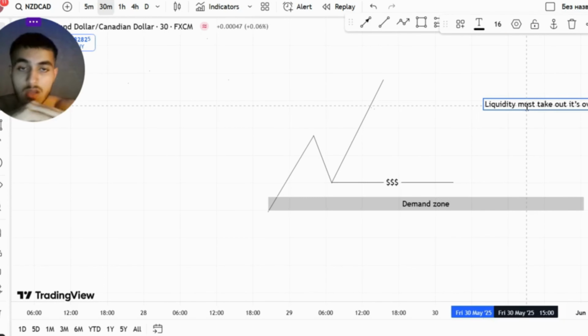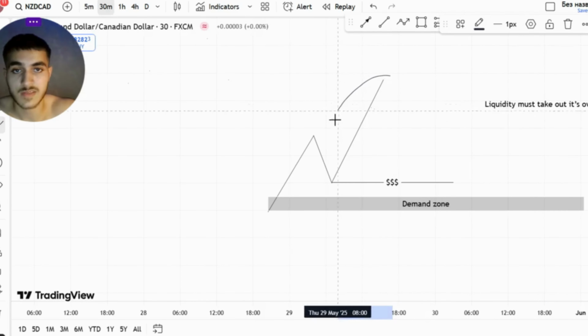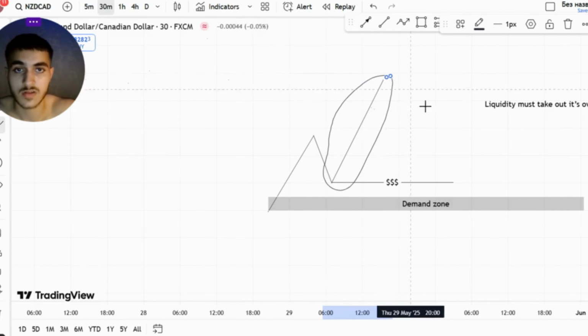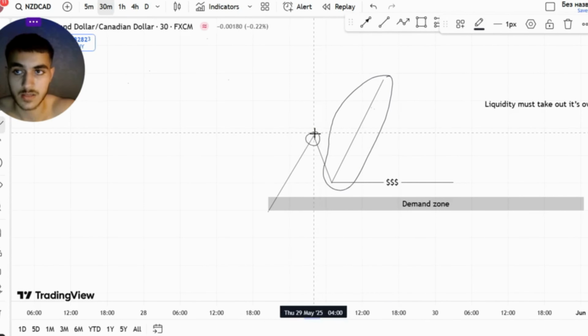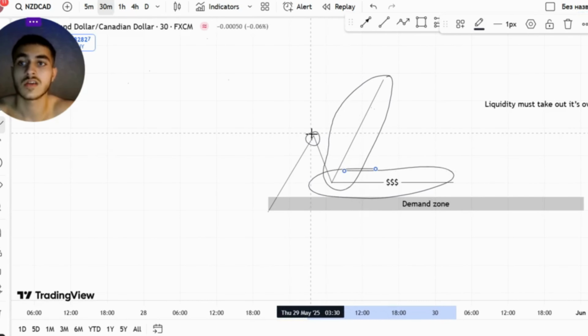What does this mean? This means that this movement should break this high. Okay? Why this movement? Because here we have liquidity, and when price breaks our high or low, this is called a break of structure.